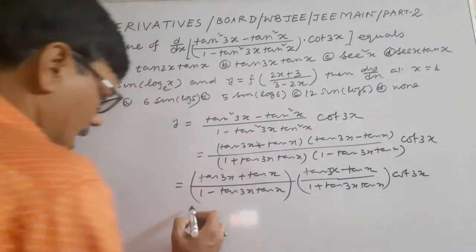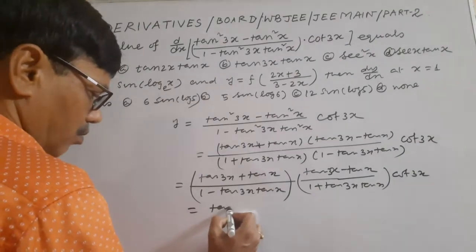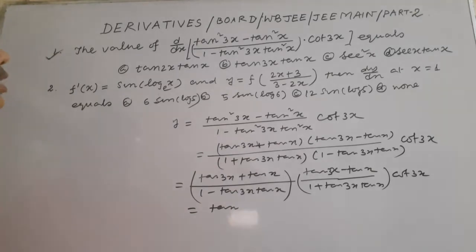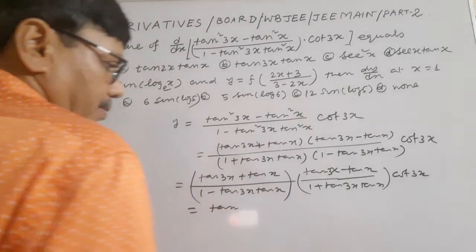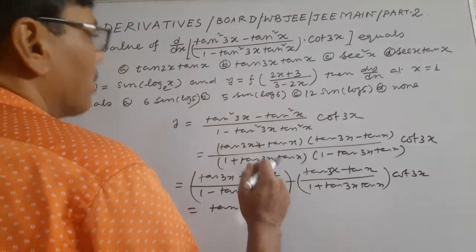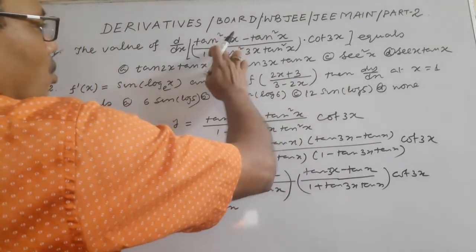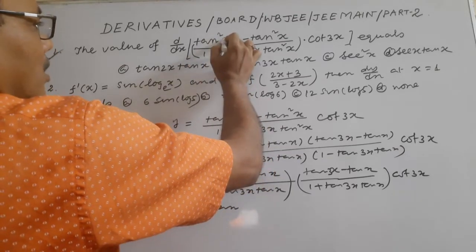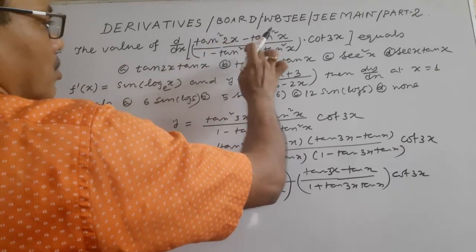So, this is tan(a plus b). I think this is tan² 2x.